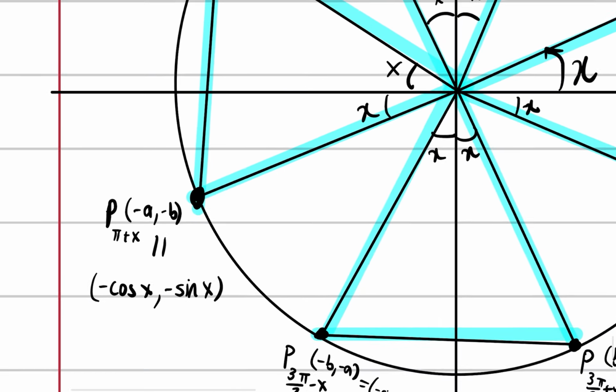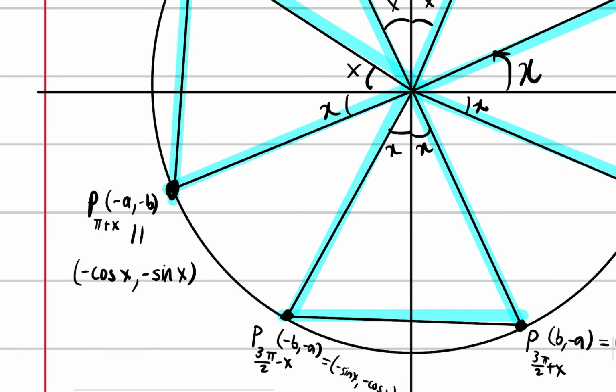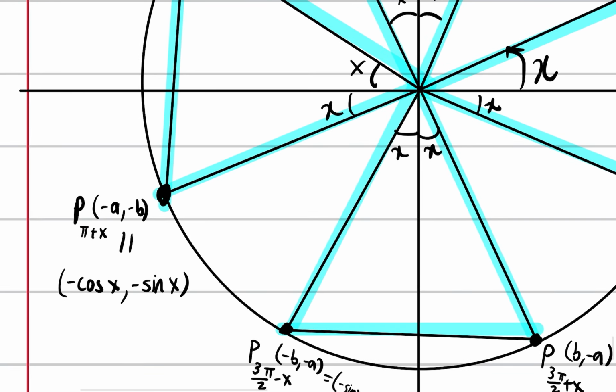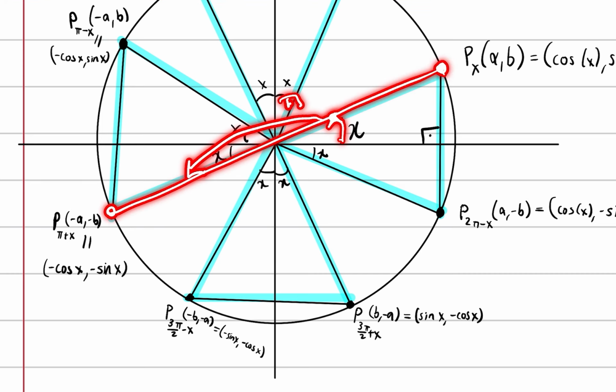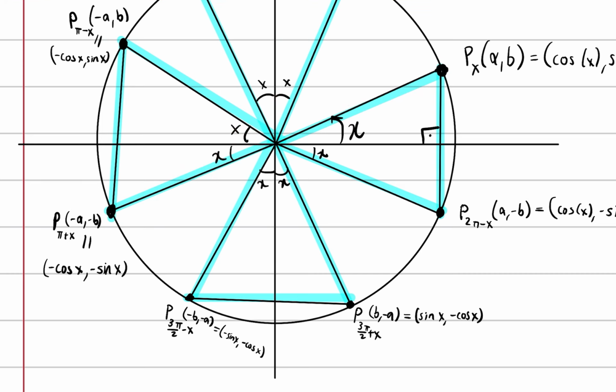Here we have the point formed with the angle pi plus x, which is negative a comma negative b. So remember, this is x, and this whole thing, which is a straight line, is pi. So from x, we reflect all the way over a straight line, pi.